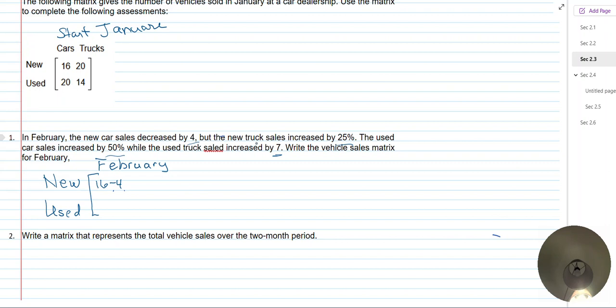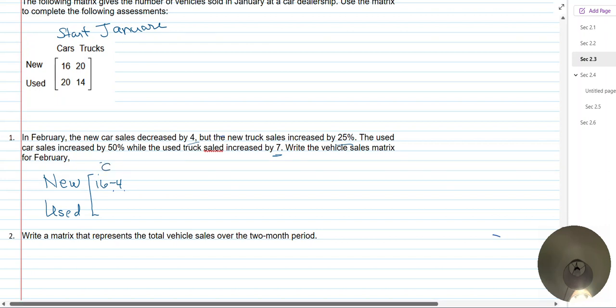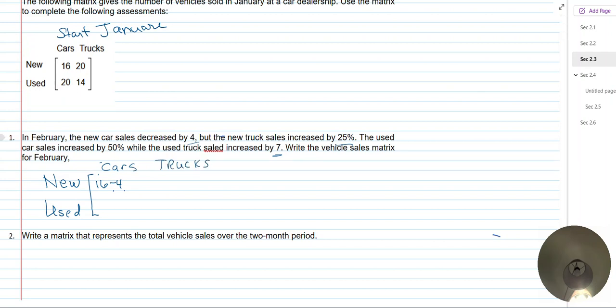But the new truck sales, oh, cars and trucks. This is cars. Let me do that again. Cars and trucks. I'm going to leave the title off. I didn't leave myself enough room.